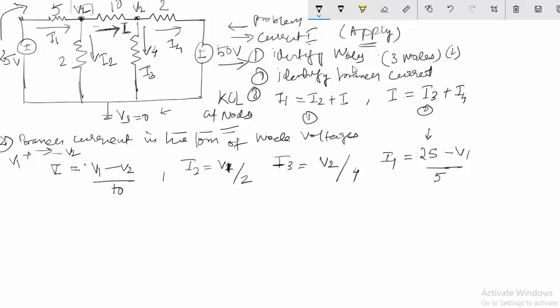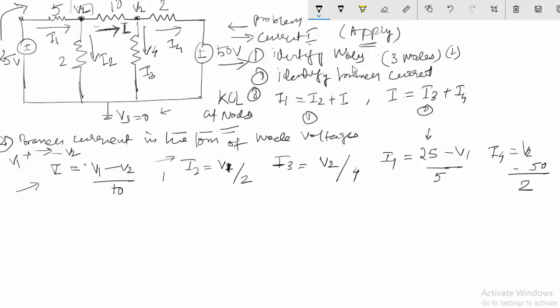And again for I4, it will be V2 minus 50 divided by 2. So in this way I have got the equation of each of the currents in the form of the node voltages.